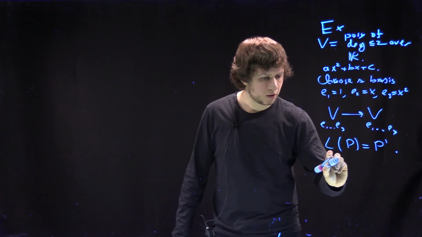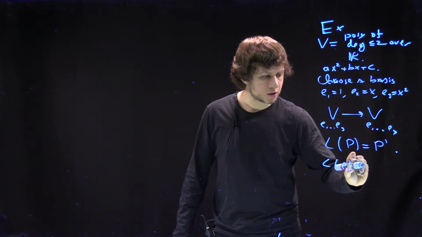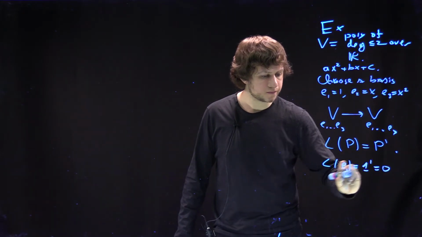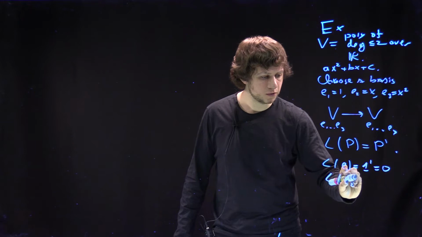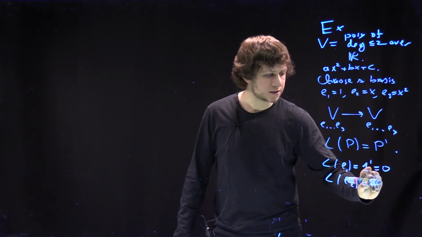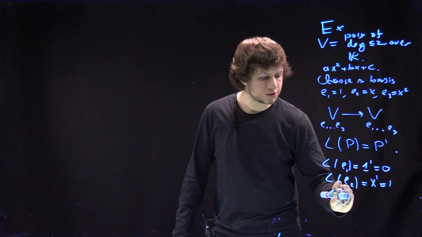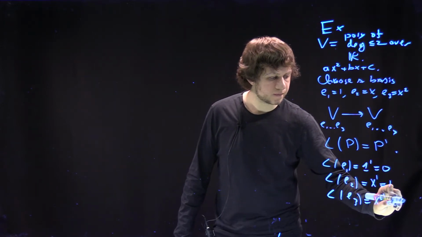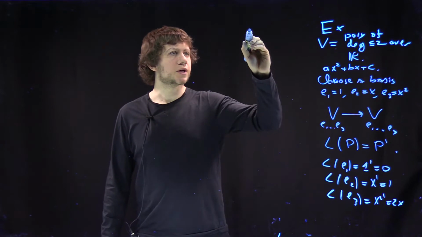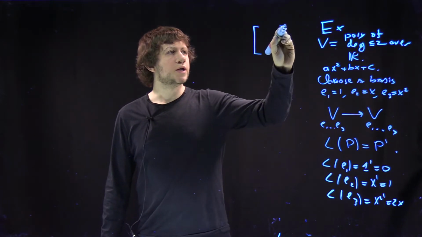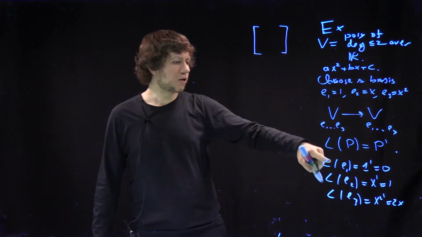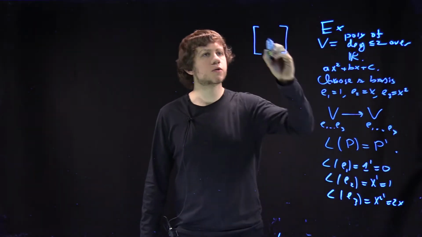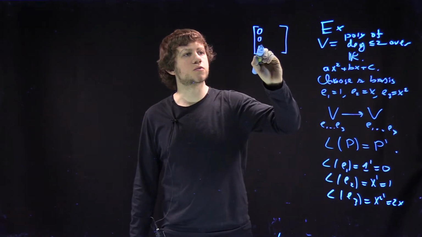So L of E1 is derivative of 1 equals 0. L of E2 is derivative of x, which is equal to 1. L of E3 is the derivative of x squared, which is 2x. And then we can write down the matrix. For this, we need to take L of vector E1, and this is just 0, so coordinates of it are 0, 0, 0.